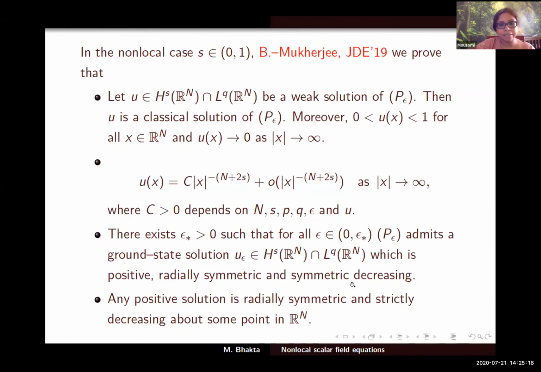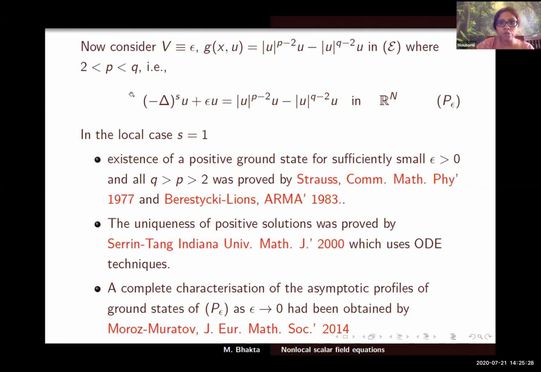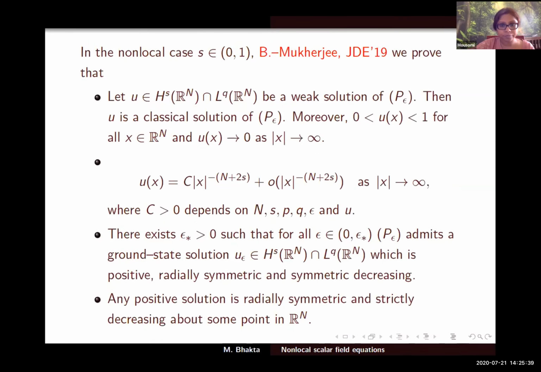And it's radially symmetric and symmetric decreasing. Then we have proved, using the moving plane method, that any positive solution for this P epsilon has to be radially symmetric and symmetric decreasing.